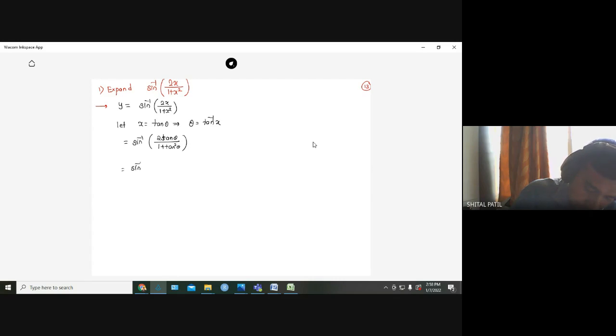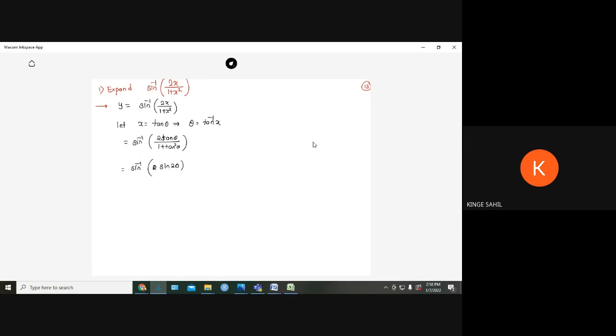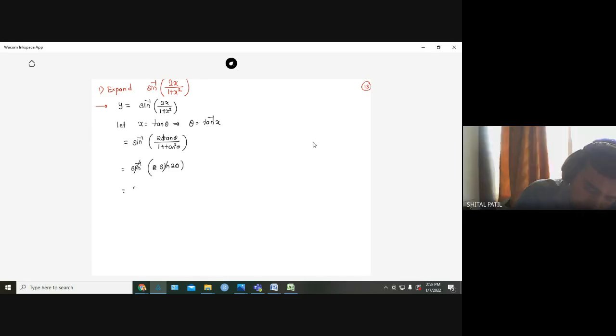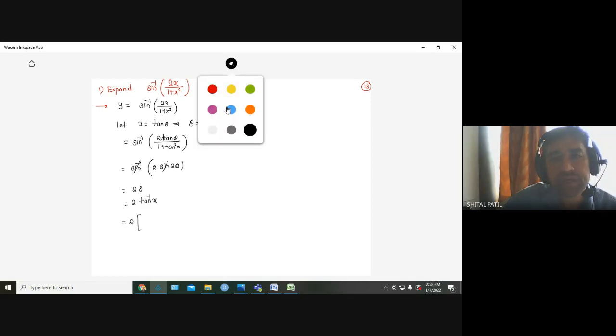What is 2 tan theta divided by 1 plus tan square theta? Sin 2 theta. So it is 2 theta, that is 2 tan inverse x. And the standard expansion of tan inverse x is known to us. Use that.